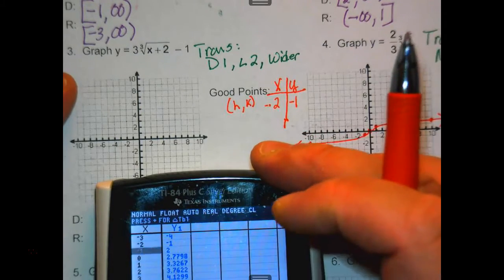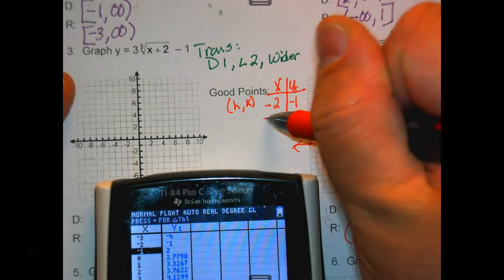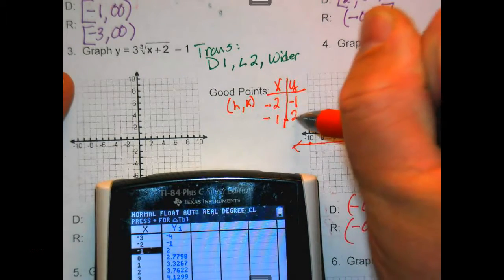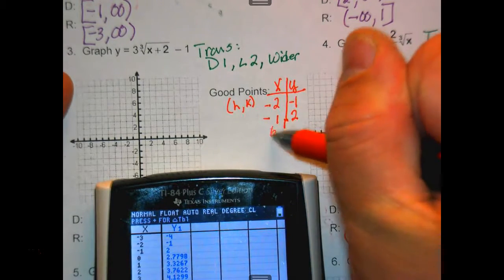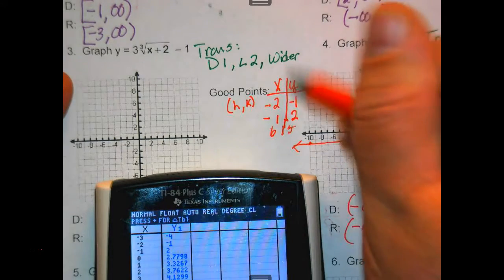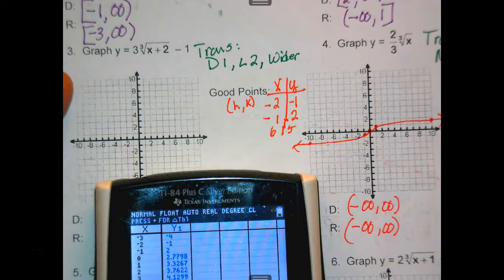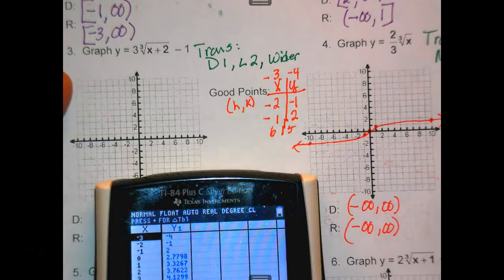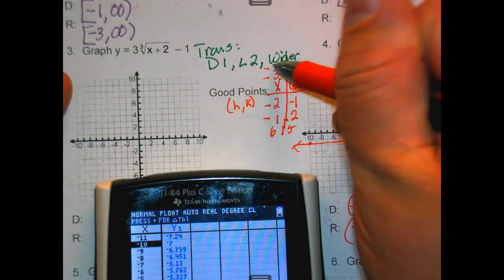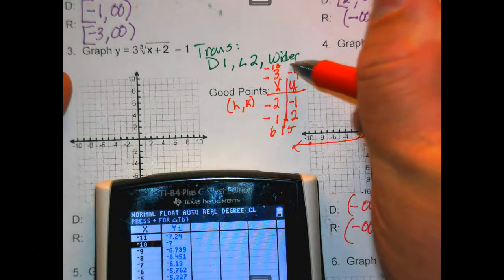So if I go higher, it's going to be negative 1, 2, and 6, 5, right? I should have left space for my other numbers. Negative 3, negative 4, and 10, negative 10, negative 7.